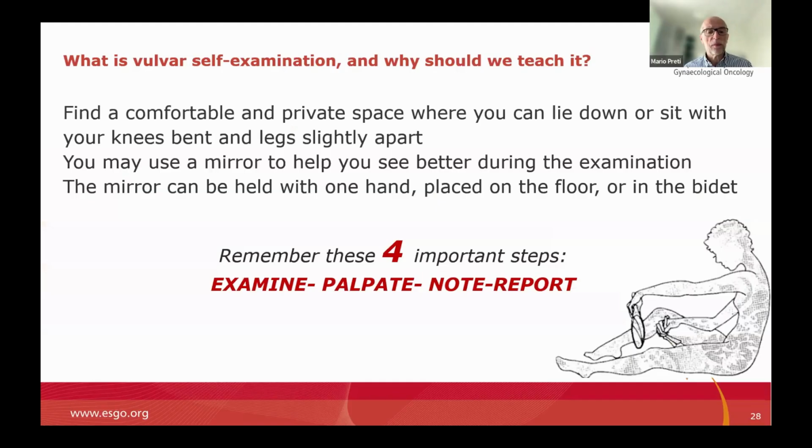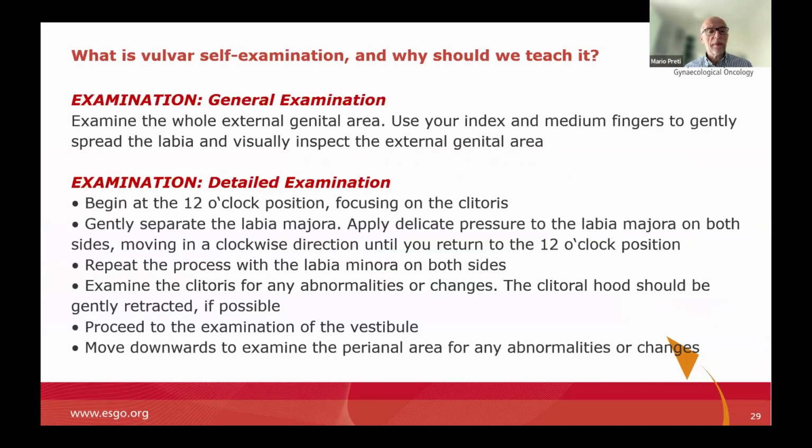How to do it? Four important steps: examine, palpate, note, and report. Examination: starting from a general examination and then a detailed examination beginning at the 12 o'clock position, focusing on the labia majora, the labia minora, the clitoris, and proceeding with the examination of the vestibule.